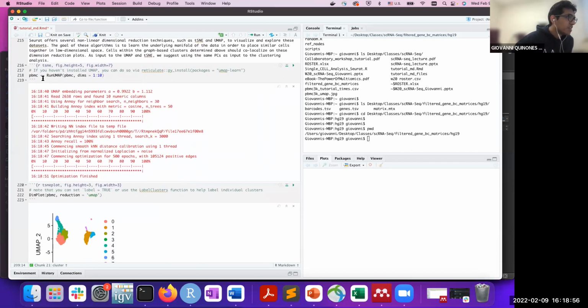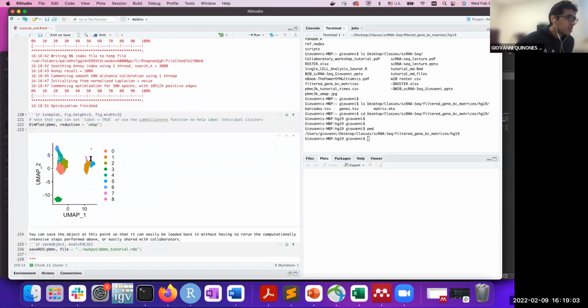Right, so we obtained the UMAP object. We included it into our pbmc object. And then we can proceed to plot it. Let's make it actually a little bit bigger.